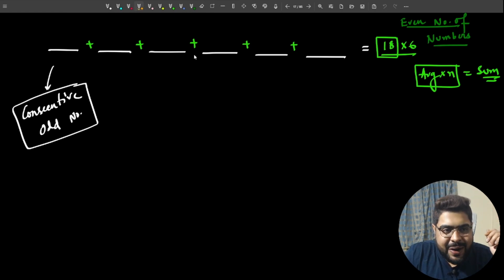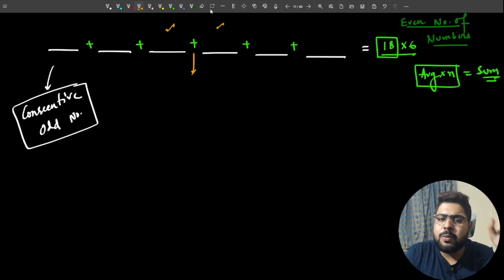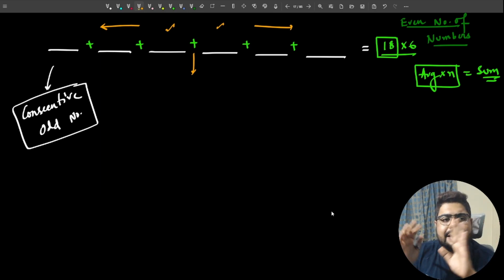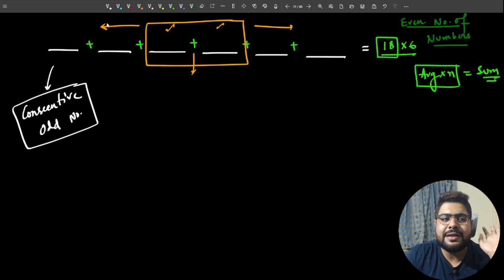He said both of these are actually middle values, because left has 2 and right also has 2 numbers each. These two are your middle values.